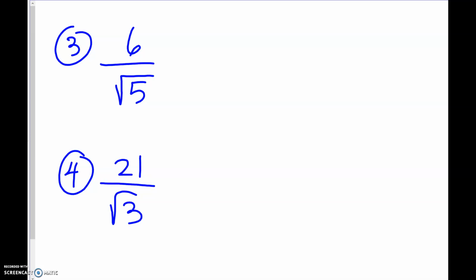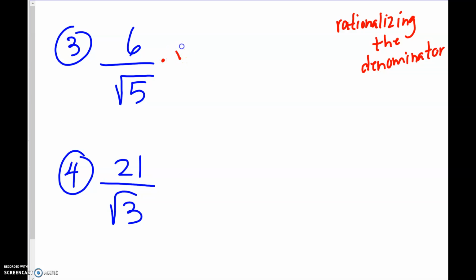All right, number 3, what do we do here when you have a radical in the bottom? This is called rationalizing the denominator. We are not allowed to have a radical in the denominator. So what I'm going to do is multiply by 1, and the square root of 5 over the square root of 5 is 1.